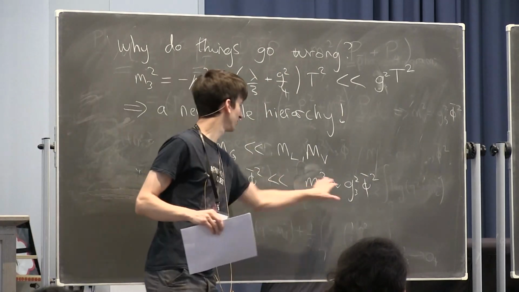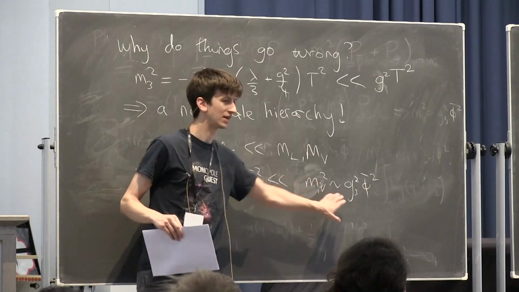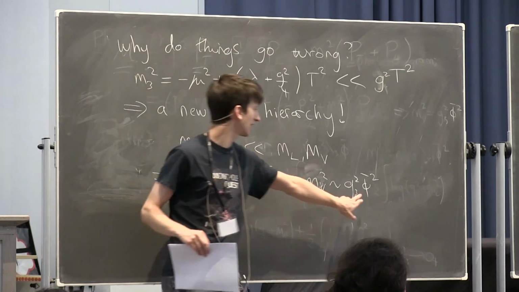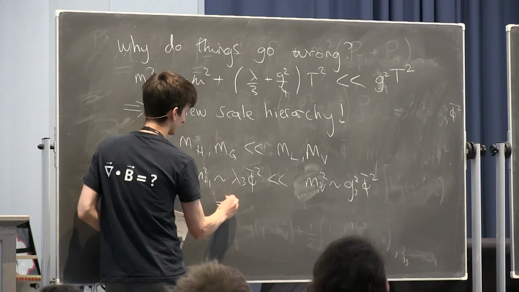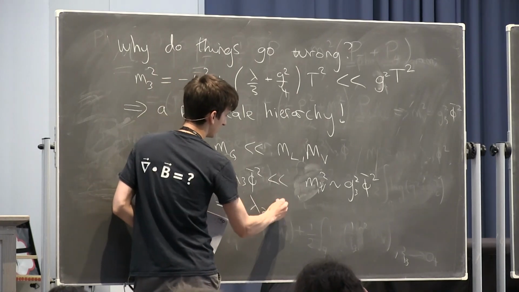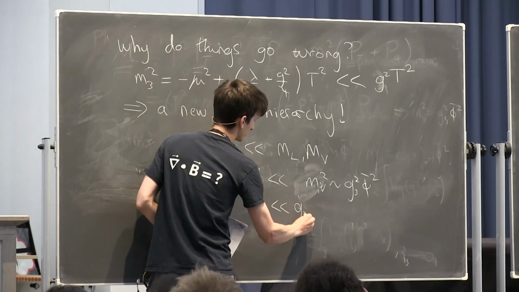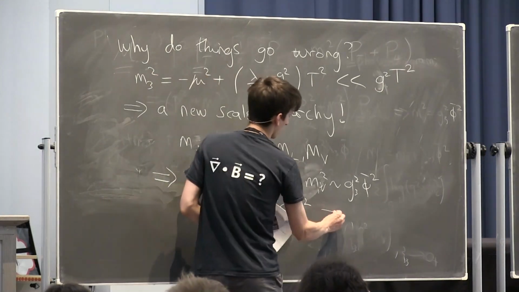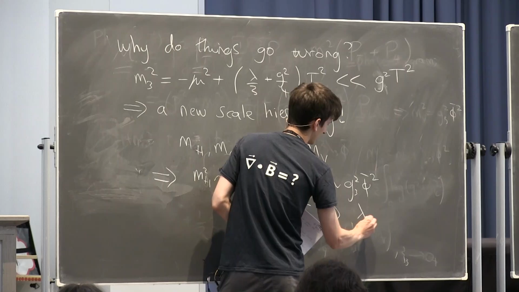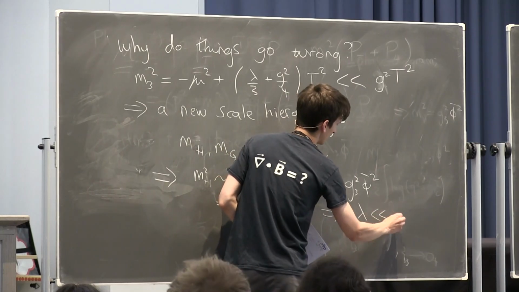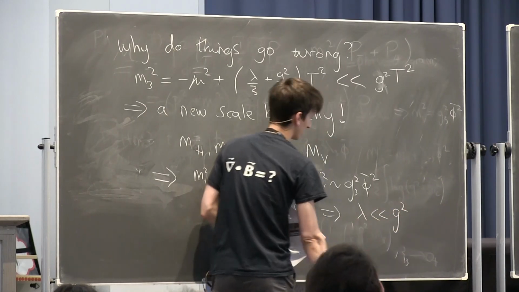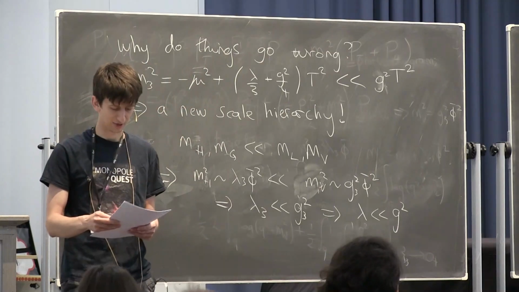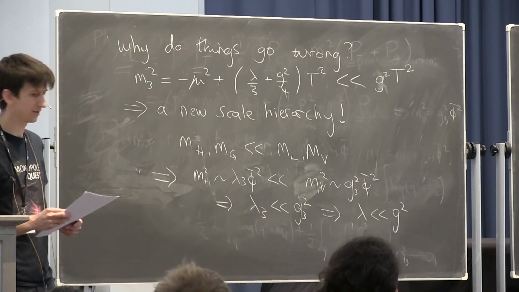If you combine these two things, that the Higgs is much less than the vector, the phi bar squareds cancel, and we just get that lambda 3 is much, much less than g3 squared. Because these both have factors of T, in terms of the zero temperature couplings, lambda is much less than g squared.